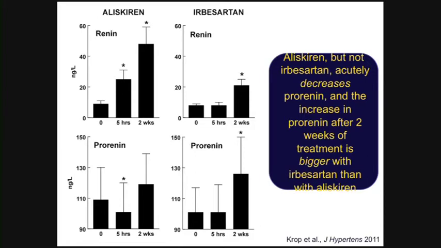So we get acute and high rises in renin, but in fact it is prorenin which is bound to the renin inhibitor. Even after 2 weeks we have really massive rises in renin, much bigger than with irbesartan, the AT1 receptor blocker, and no significant rise in prorenin. But again, this is related to the fact that we underestimate prorenin and we overestimate renin.